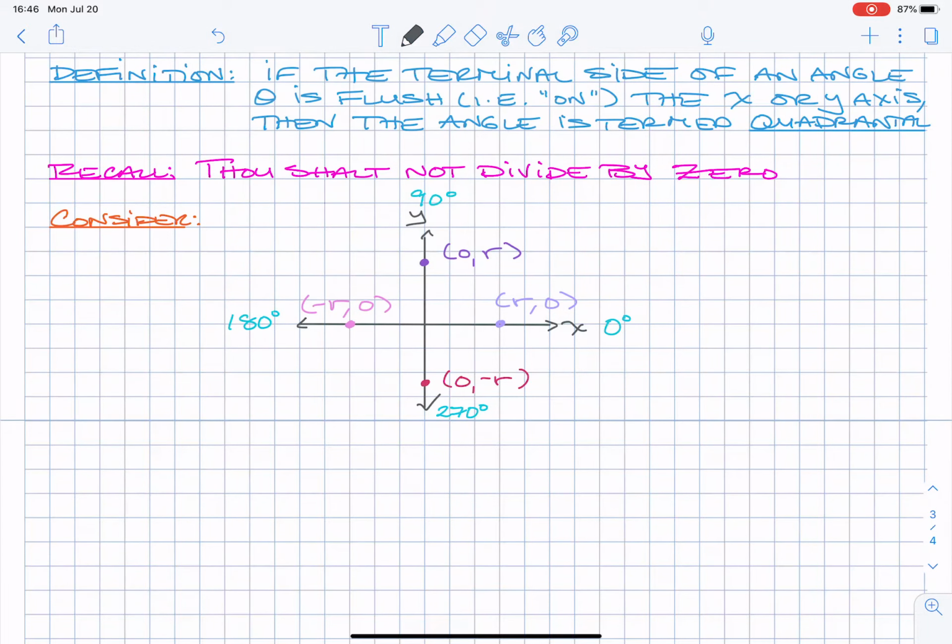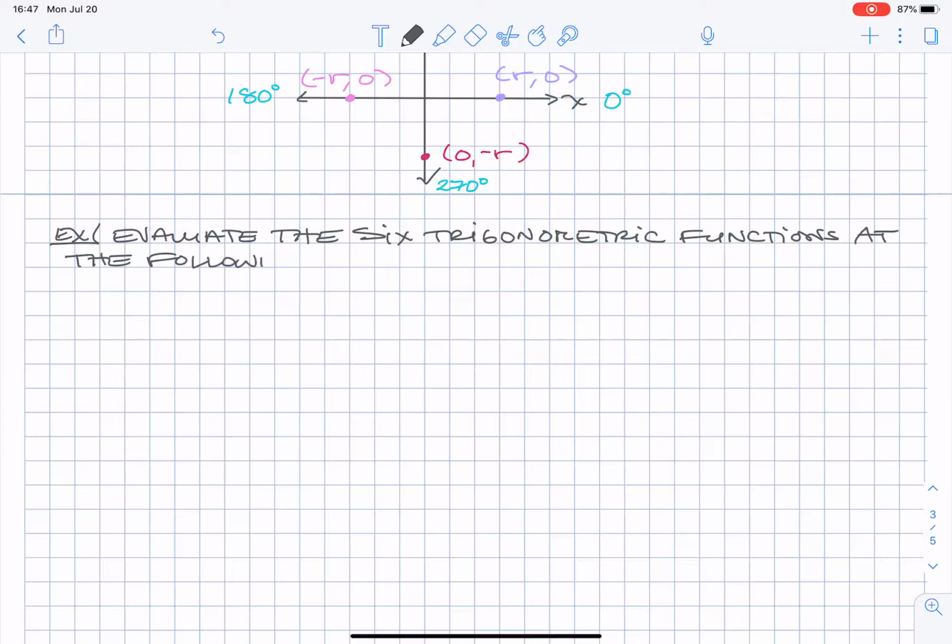Okay, so for example, evaluate the 6 trigonometric functions at the following quadrantal angles.